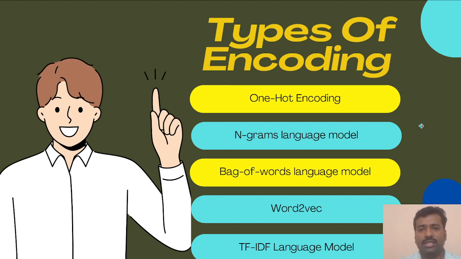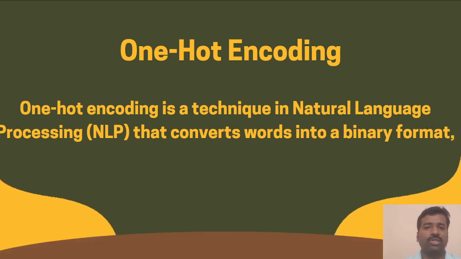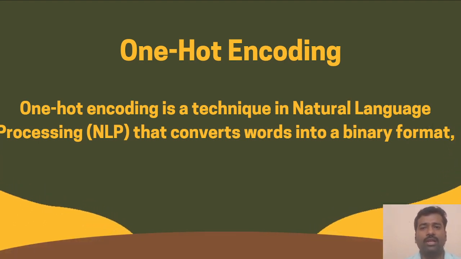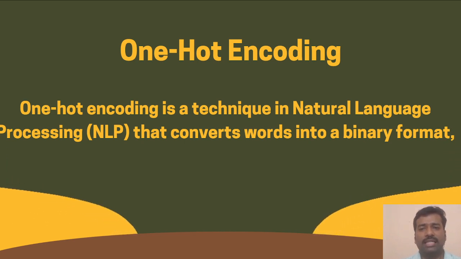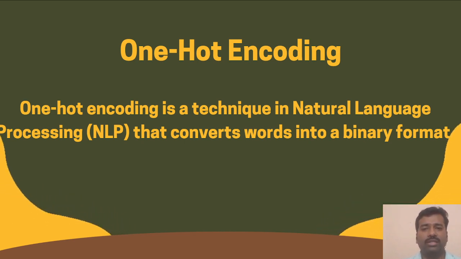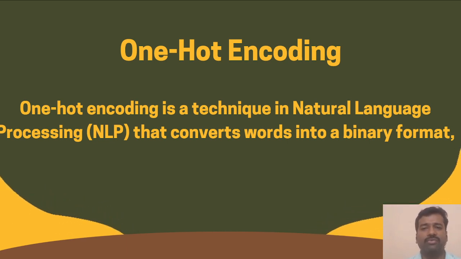In today's session, we will focus on the one-hot encoding method, since it is one of the oldest methods used for encoding. So what is the one-hot encoding method? One-hot encoding is a technique in natural language processing that converts a word into binary format, allowing computers to comprehend and analyze the textual data efficiently.